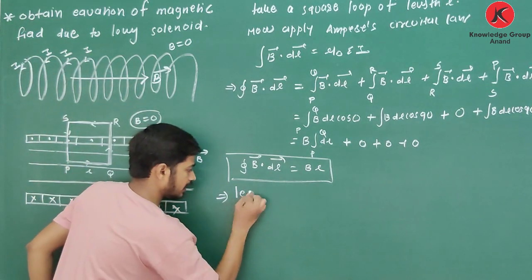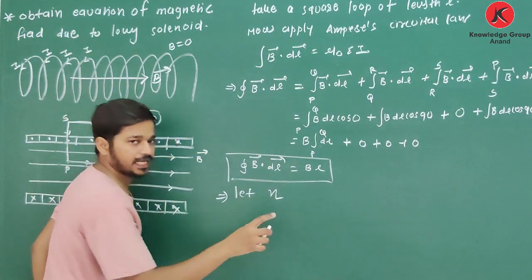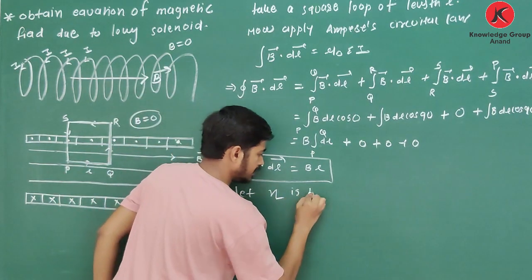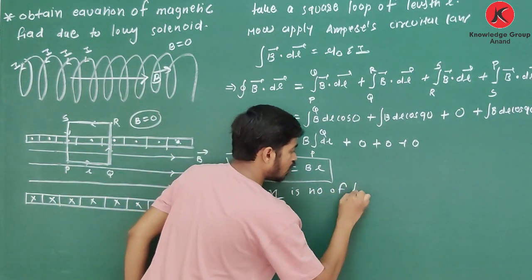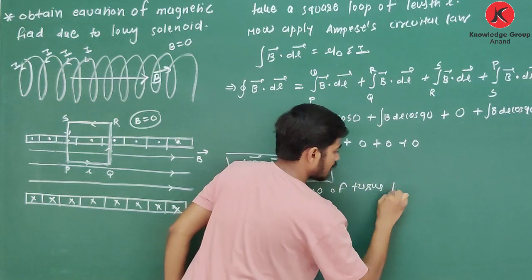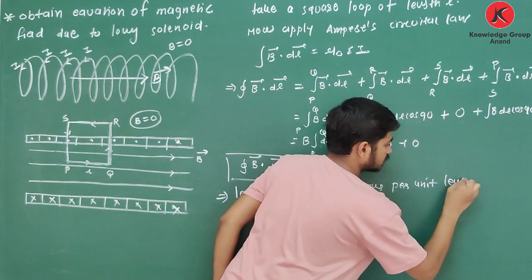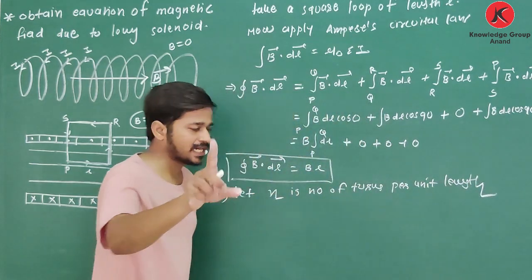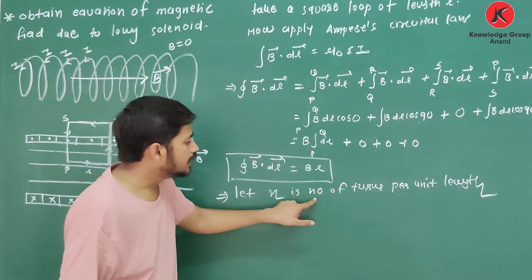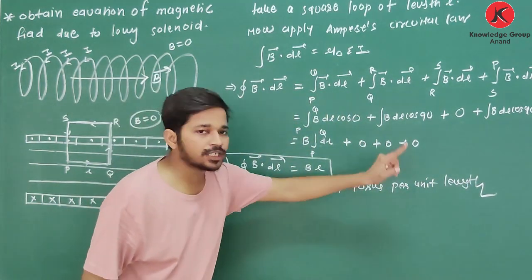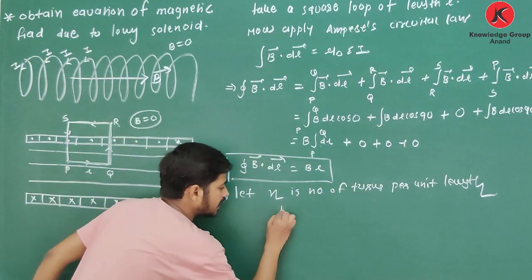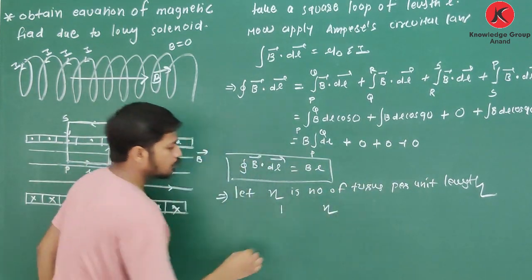Say small n is the number of turns per unit length. Understand? n is the number of turns per unit length. So if the length is unit, the number of turns is n.